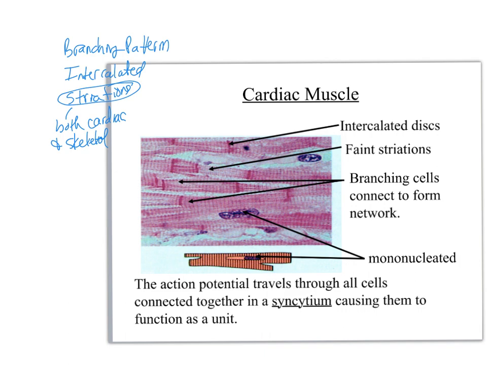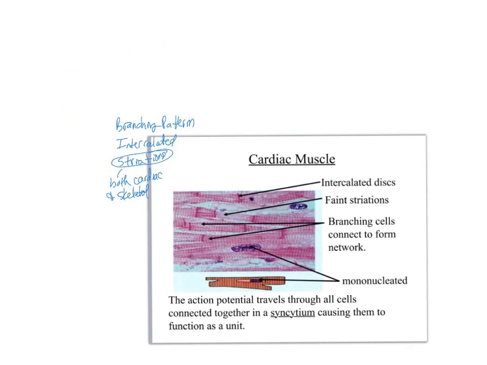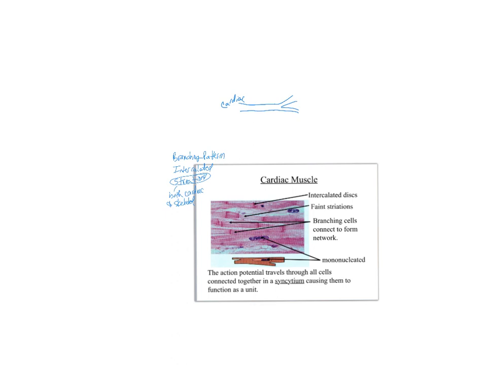Now I'm actually going to reduce this for a minute, and I want to draw out what to me looks like a cardiac cell. That's what a cardiac cell looks like to me. Now I want to show that next to a skeletal cell, so I'm going to draw a single skeletal cell right here.